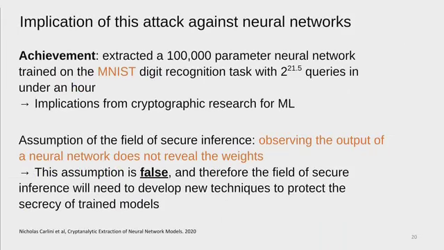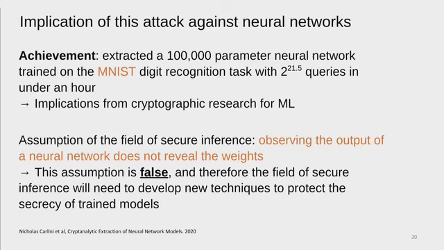Now, the example here is from Nicolas Carlini, who is one of the prime adversarial machine learning researchers, and he's been breaking machine learning in all the different configurations. What they looked at, they extracted a 100,000 parameter neural network trained on digit recognition, a simple standard task in machine learning, with 2 to the power of 21.5 queries in under an hour.